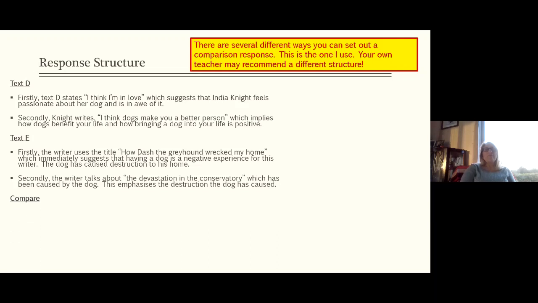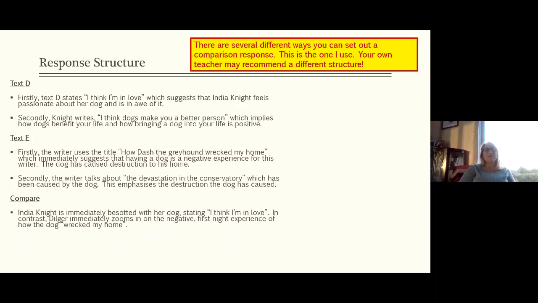And then I would write a subheading of compare, and then I would compare the 2 texts. So firstly, Indian Night is immediately besotted with her dog, stating, "I think I'm in love." In contrast, Dilger immediately zooms in on the negative first night experience of how the dog wrecked my home.